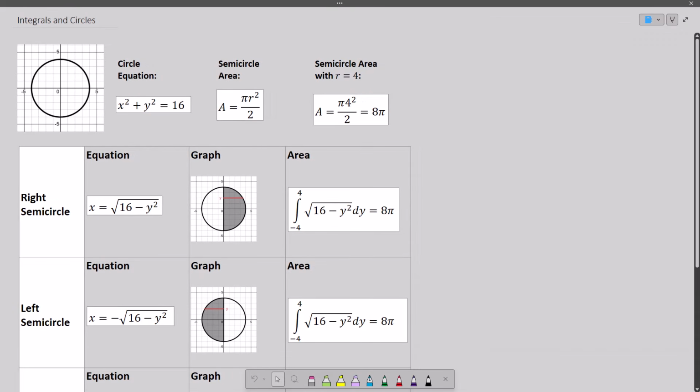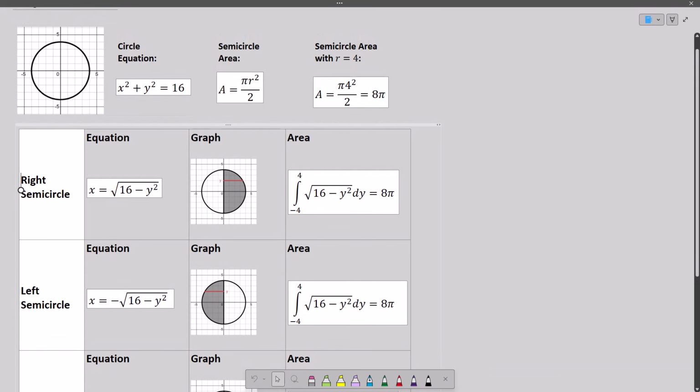If I were you, I would go through this handout and make sure it all is crystal clear. This is a summary of stuff that you did in Calc 1 that should be crystal clear.